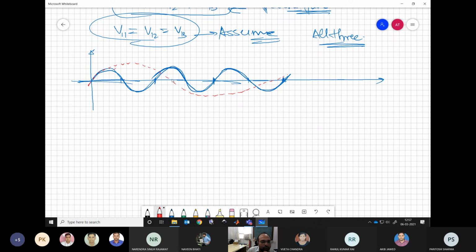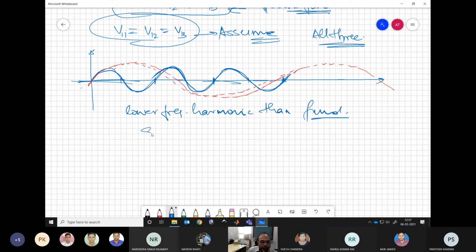So 1, 2, 1.5 here. Something like this sitting on this waveform. So this is a lower frequency harmonic than the fundamental, which is also called the subharmonic.